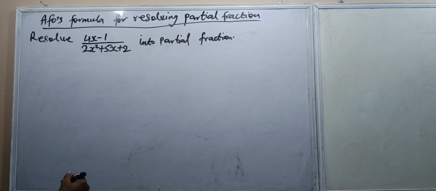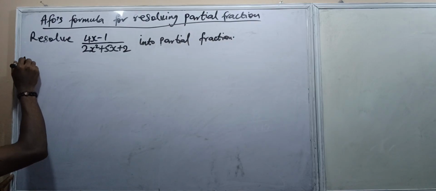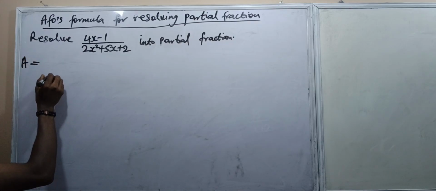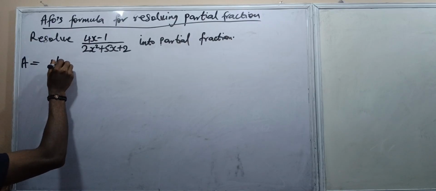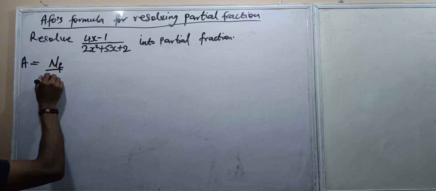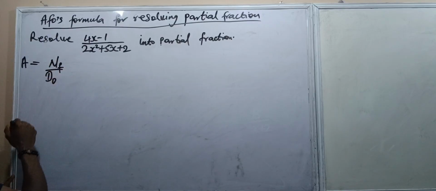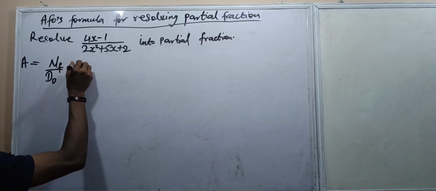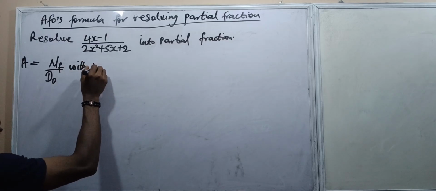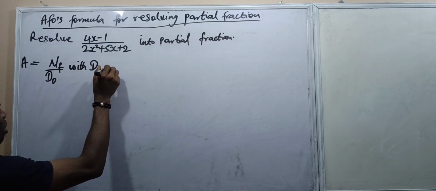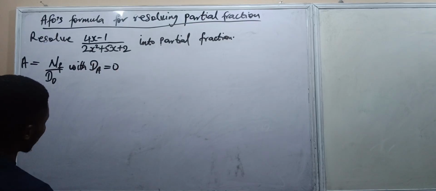First of all, the formula states that A is equal to N of F over G of O, with G of A equals 0.